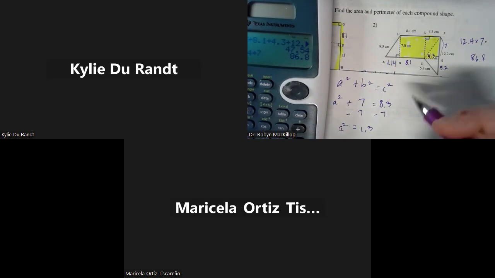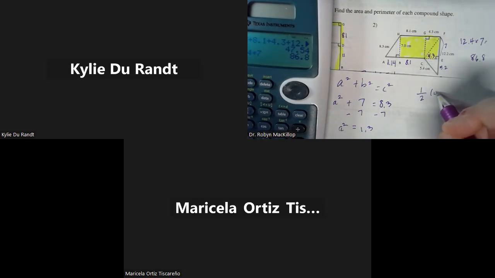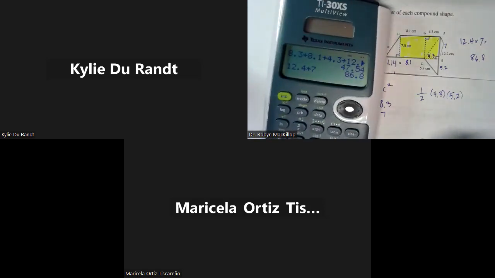It is 1/2 times the base, which is 4.3, that flat part, times the height, which is the straight part, 5.2. And then let your calculator do that, because who wants to multiply decimals in a fraction?